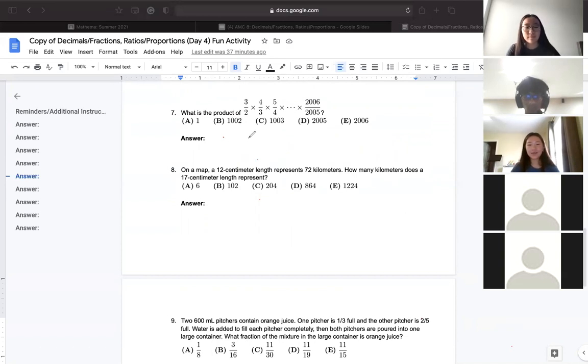But so if you first look at this, the pattern might not be very obvious, but we can actually see that the numerator is always 1 bigger than the denominator, and they're all increasing by 1 until the numerator becomes 2006 and the denominator is 2005.